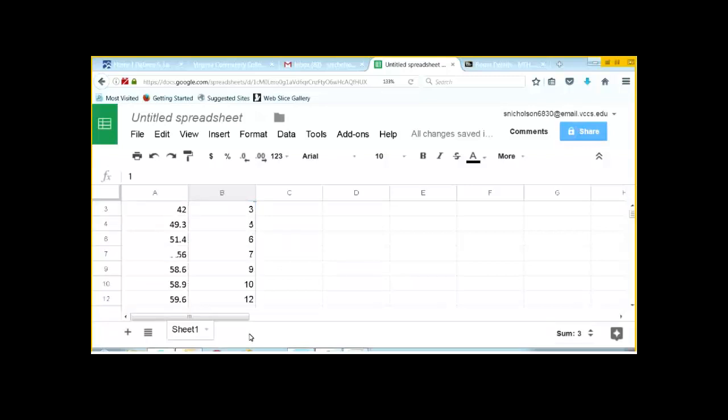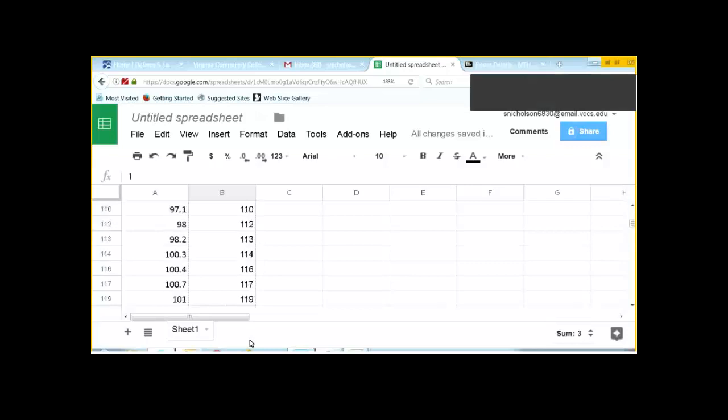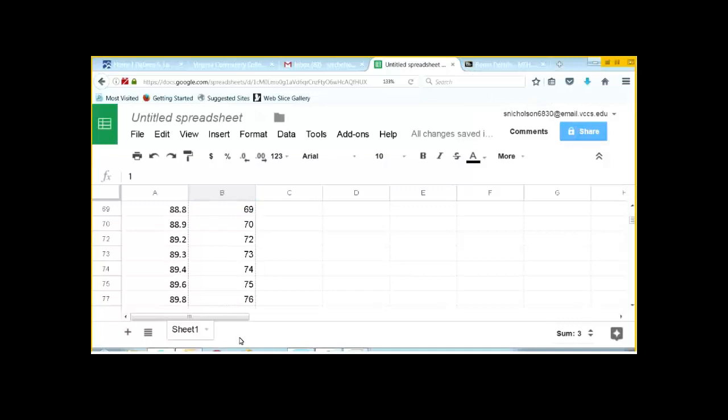If I highlight these two and do this again, it'll renumber them to 199 because I have one less data point. Actually, I don't have to do that. It's already done. Okay, so I'm going to delete that. So there's only 199 data points.